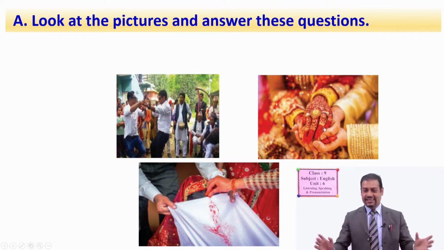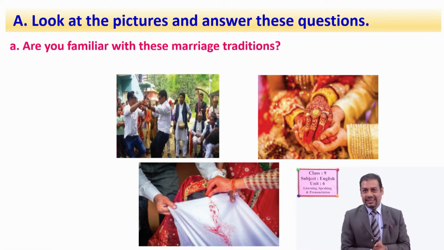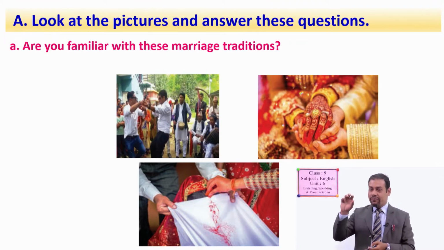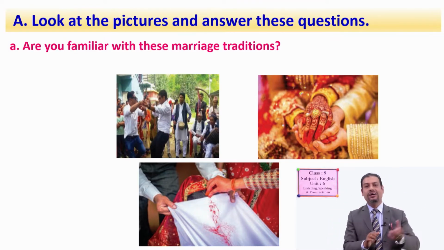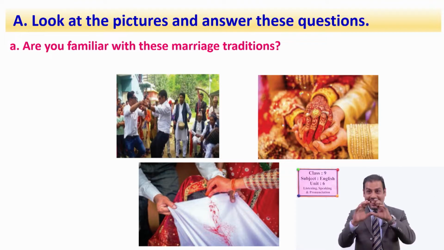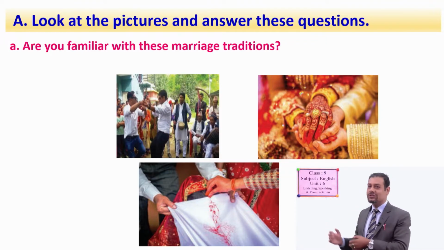Now the second picture, we have question C. What is the second picture about? You can see the hands of different people there. So you can say it is again related to the marriage ceremony in our society, in our community. This is Kanyadan. The parents of the bride give her hand to the bridegroom, and from that moment onwards, they will be together.